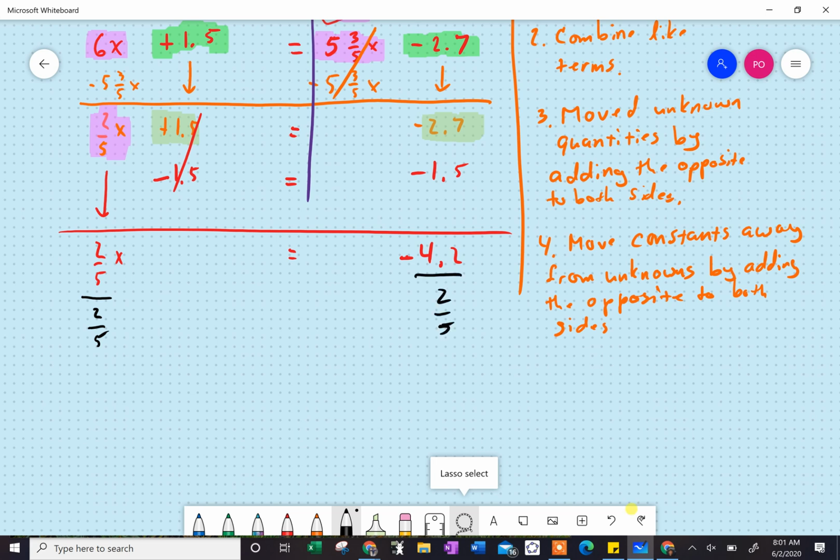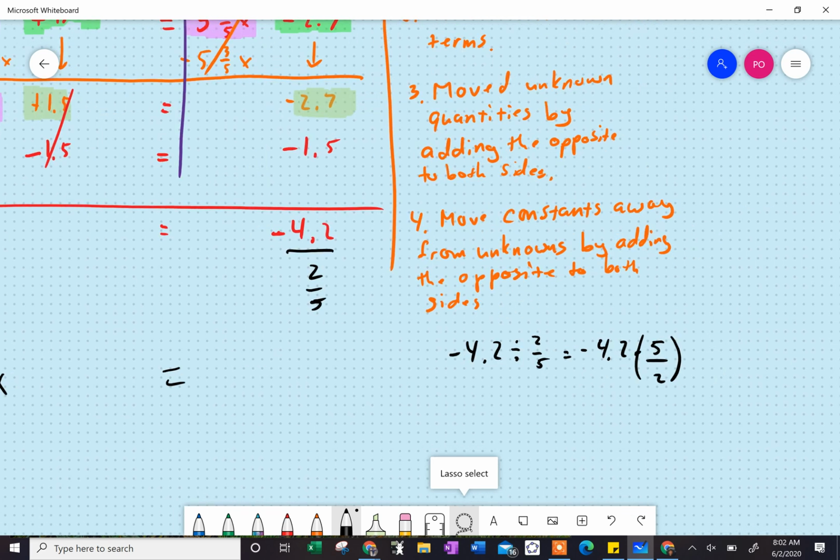Because 2/5 x divided by 2/5 is just x, and negative 4.2 divided by 2/5 is the same as negative 4.2 times 5/2.